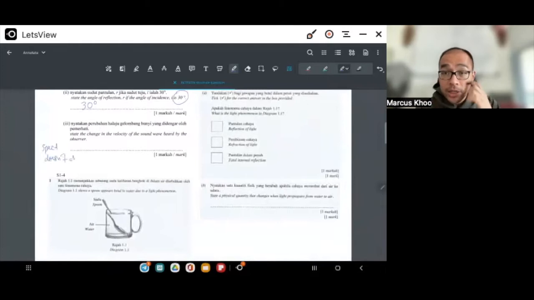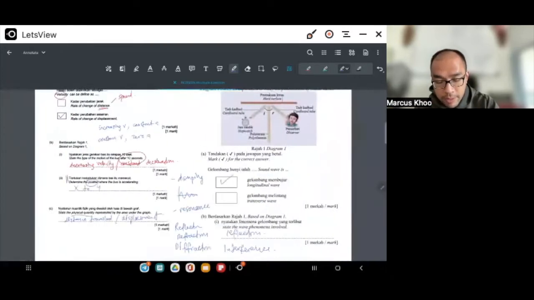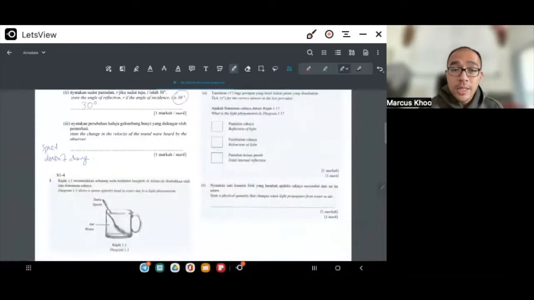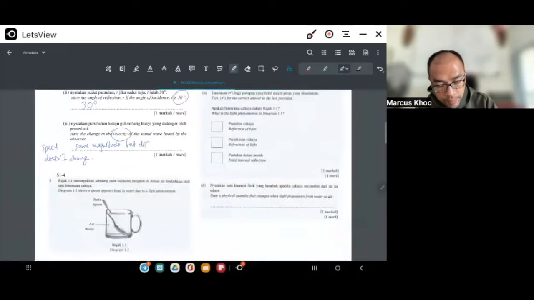After reflection, if the wave is going here at, for example, 600 meters per second, it's also going to flow back here at 600 meters per second. But the question is worded very funnily. The question asks for velocity. So I would say same magnitude, but different direction.